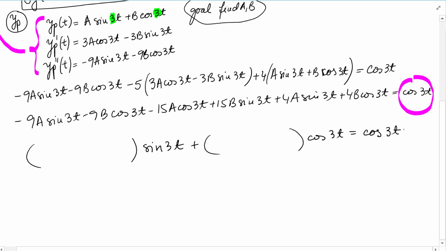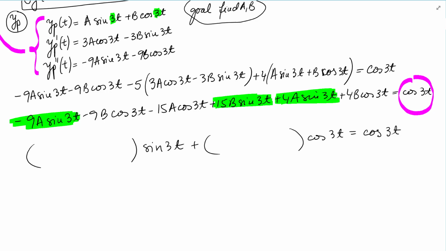If we factor out sine of 3t, we end up with negative 9A plus 4A, that's negative 5A, plus 15B.